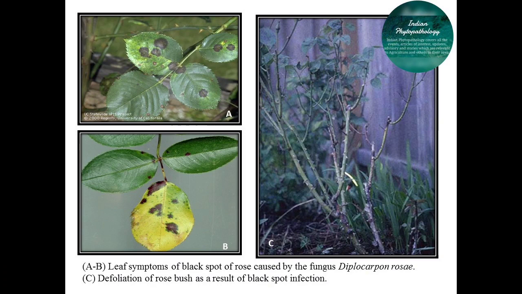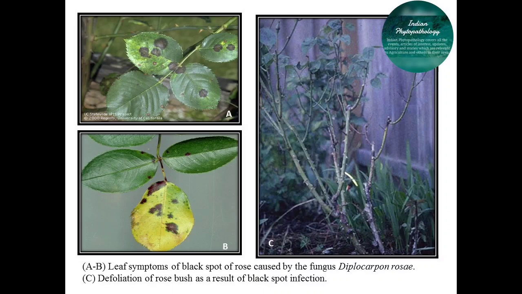On the stem, it infects major areas, and the stems become blackened with a blister-like appearance and dotted fistulas arising from that infection. These are all the symptoms of this black spot of rose. The vegetative body of this fungus consists of two parts, that is subcuticular mycelium and internal mycelium.